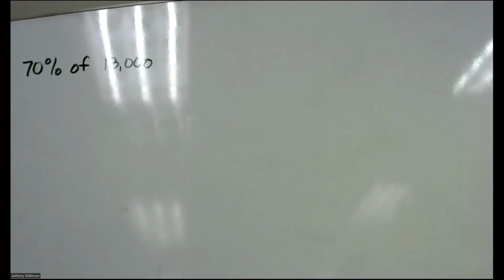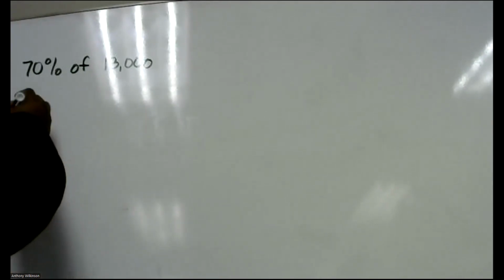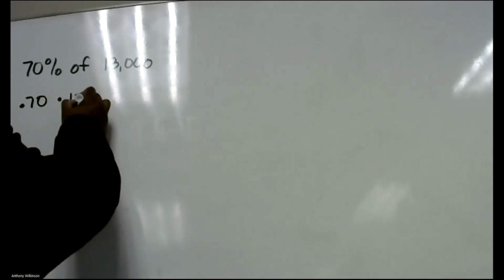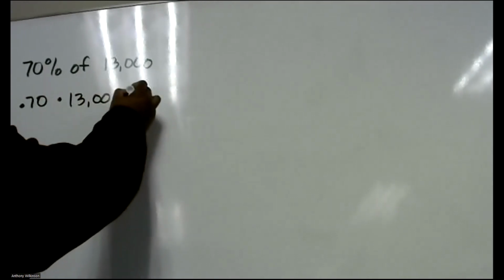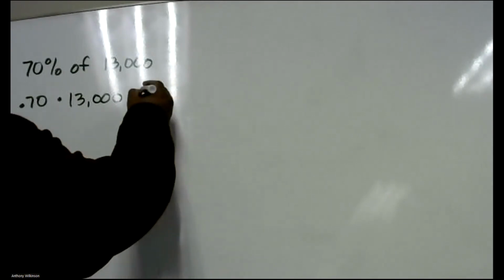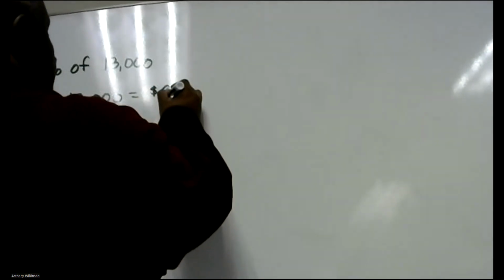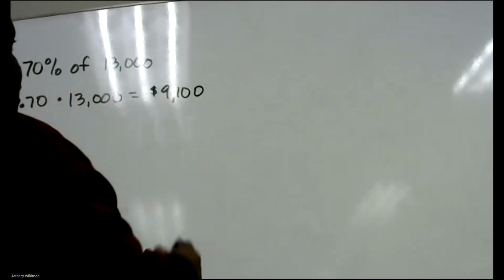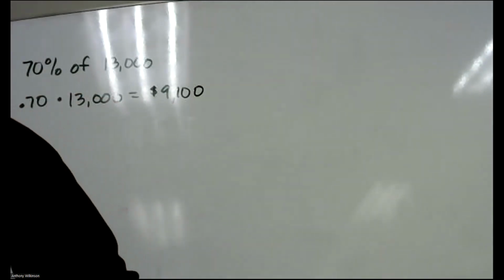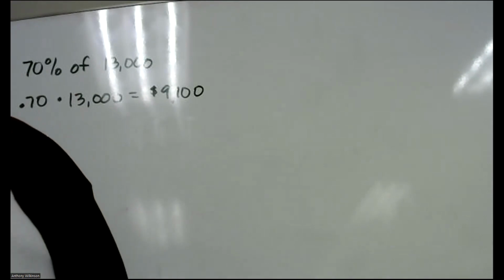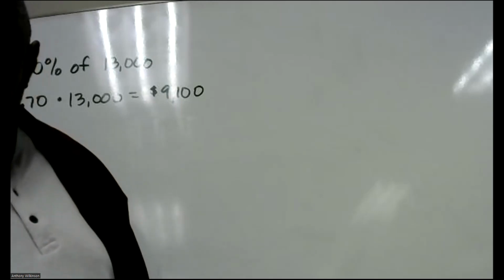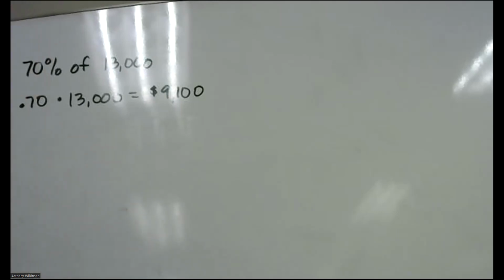In this case, this will be 0.70, and the word of means to multiply $13,000. That gives $9,100. So after 1 year, the trade-in value of that vehicle will be $9,100. Okay.